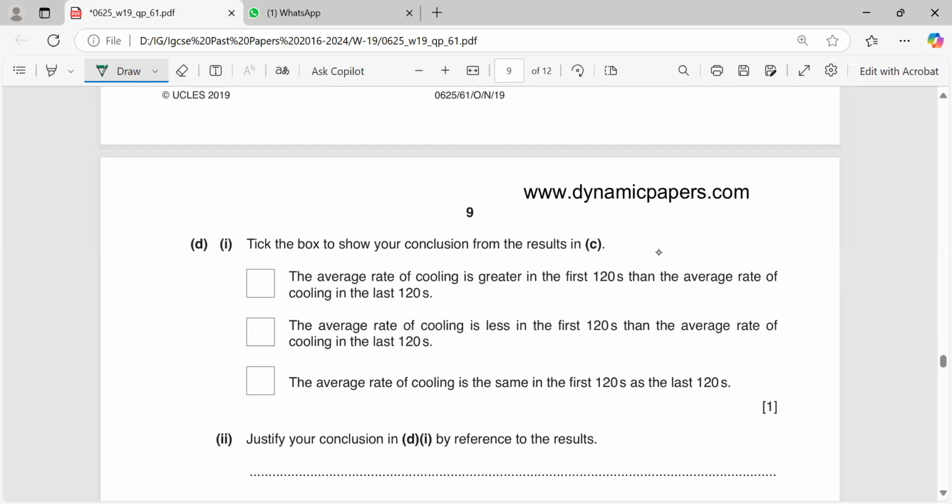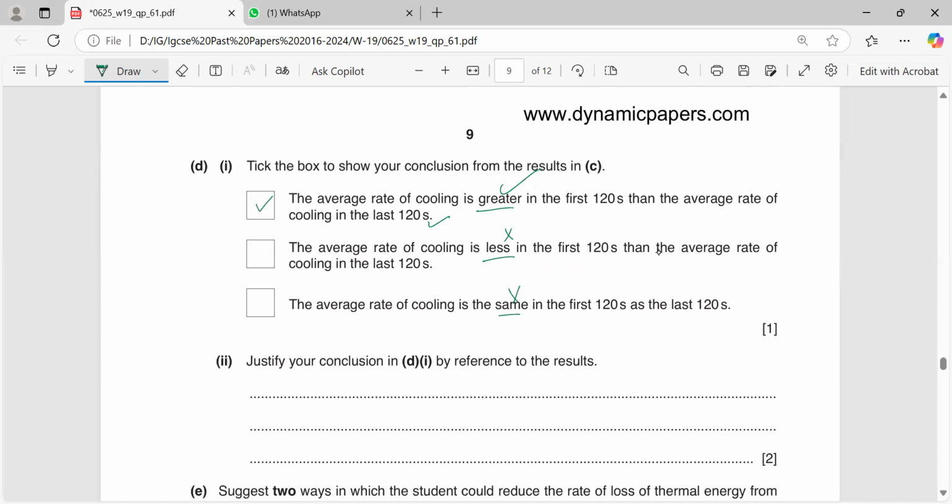The average rate of cooling is greater in the first 120 seconds than in the last 120 seconds. Yes, it looks correct. Average rate of cooling is less, this is wrong. Average rate of cooling is the same, this is also wrong. So we will take the first one.